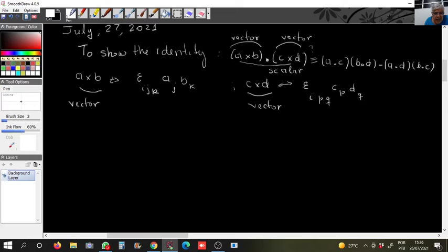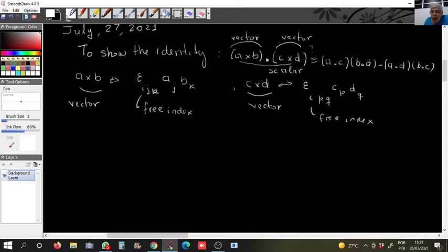I here is a free index. Why? Because C cross D is a vector, and there's only one free index.